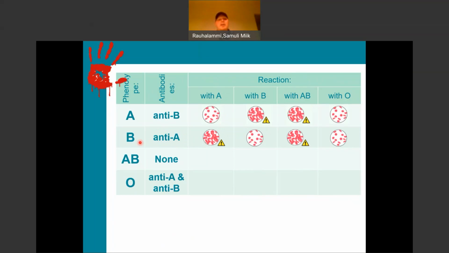Donating blood to an individual who's blood type B, when your blood type is B as well, is not going to be a problem. Both of you will have antigen Bs on the surface of your red blood cells. Nothing to worry about, because there's not going to be any A antigens on the surface, so those anti-A antibodies are going to be just fine. If you are donating blood to an individual who's blood type B and you happen to be blood type AB, that would be a problem, even though the B part would be okay, because your red blood cells contain both A antigen and B antigen.